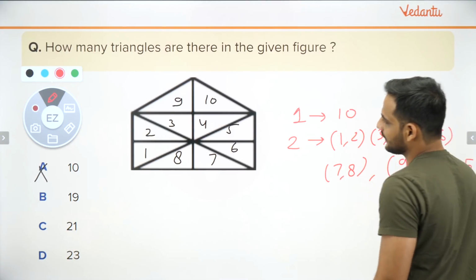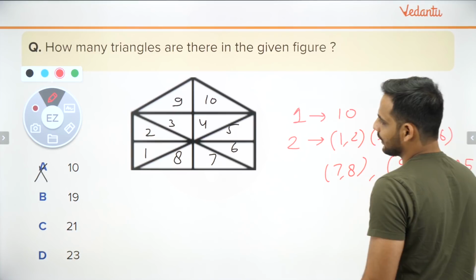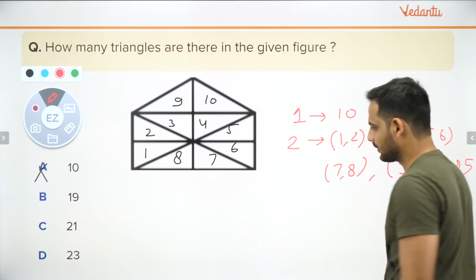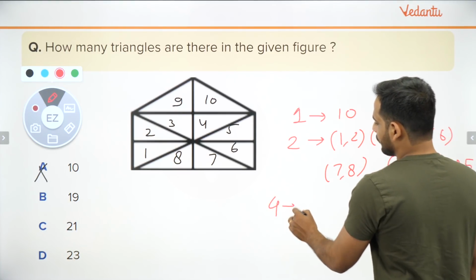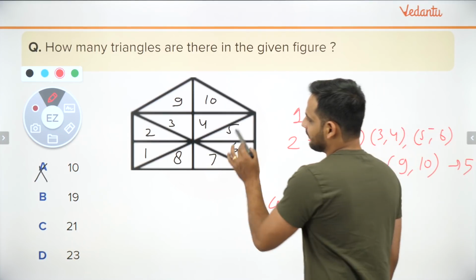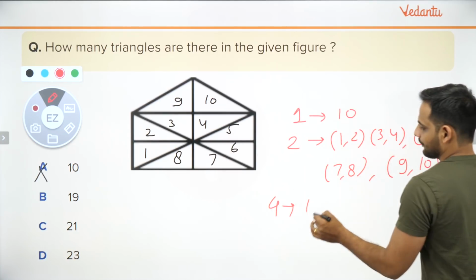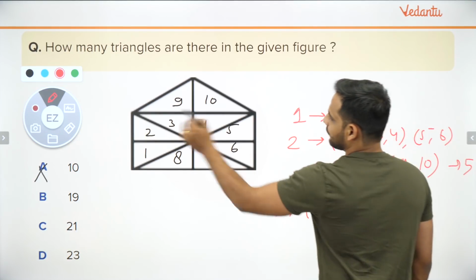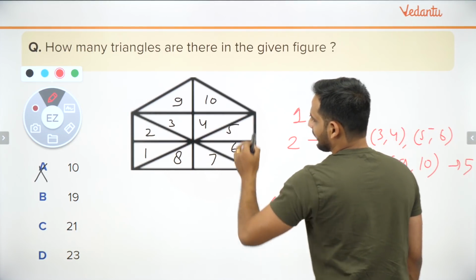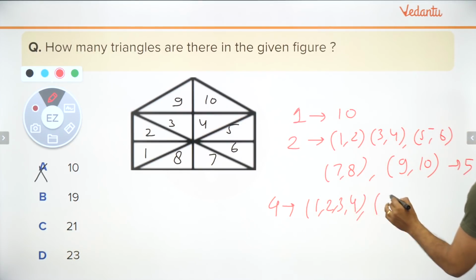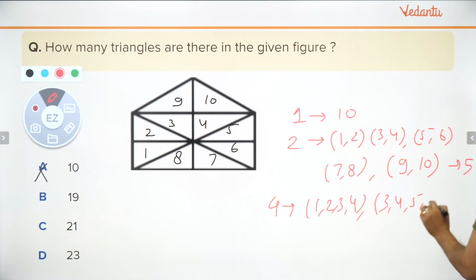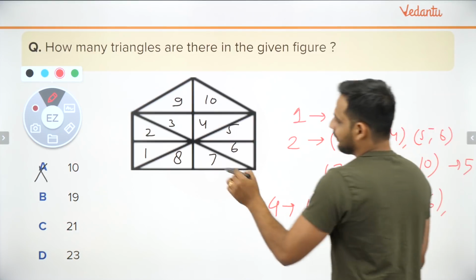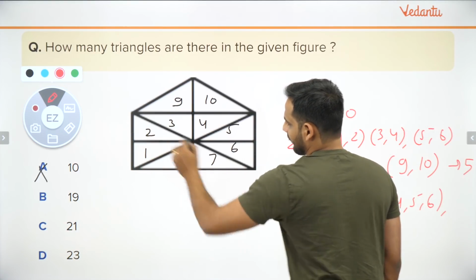Then let's combine 3. By combining 3 you are not getting any triangle. Combine 4. If I combine 4, bachcho, I will see 1 2 3 4. Similarly 3 4 5 6. Now 1 2 7 8.